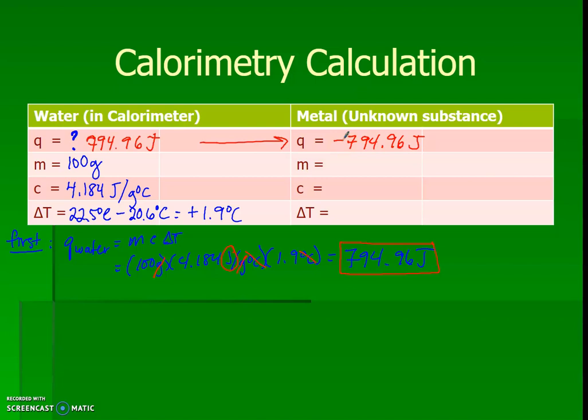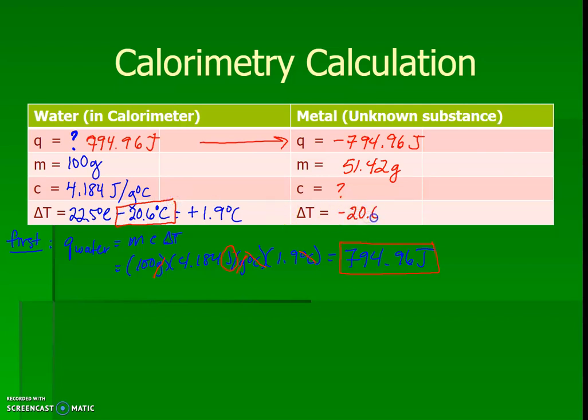The mass of the metal was 51.42 grams. The specific heat is what we are looking for. For the delta T, the metal started at 100 degrees Celsius and went down to 20.6.